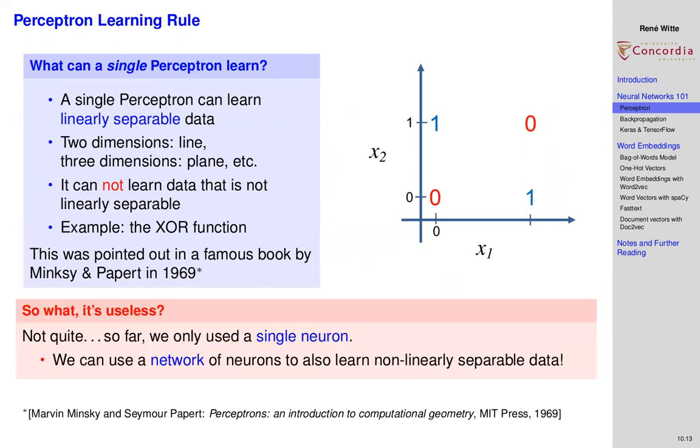However, this is kind of a misunderstanding. This only means that a single perceptron cannot learn this function. However, what we can do is combine multiple of these perceptrons, multiple neurons together. It's a neural network, not just a single neuron. And once we have this network, we can actually learn this non-linearly separable data.